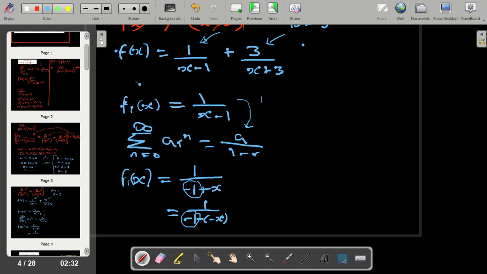We can write this in this form. So we're going to have our f1 of x be equal to, we have a 1 there. So to change this negative, we know that we need to multiply both sides by what? By a negative.